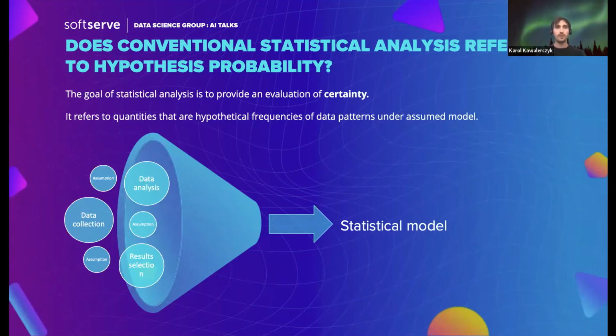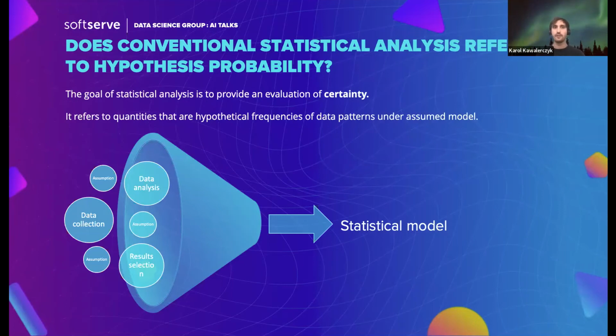And we are talking here about more of a hypothetical frequencies. Hypothetical because we assume that our way of thinking is true, so it's kind of a hypothesis already. And the frequencies here, that statistical analysis talks about, come from the data we get from our experiment.